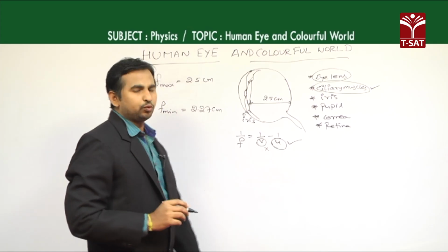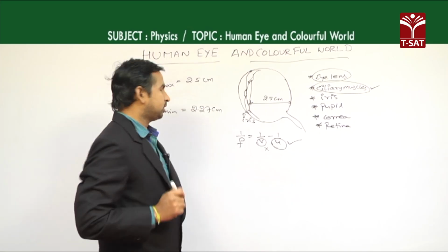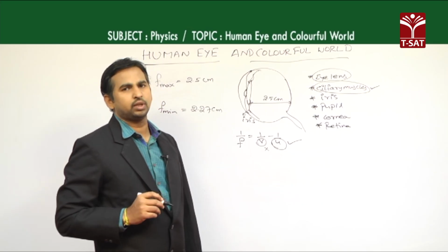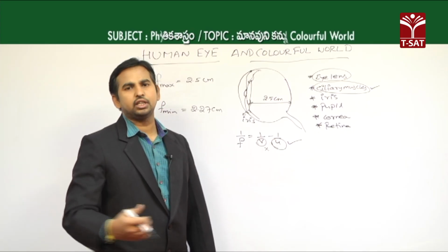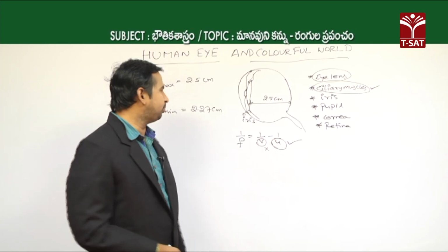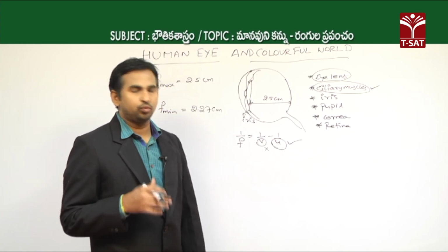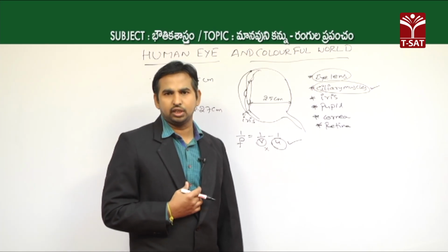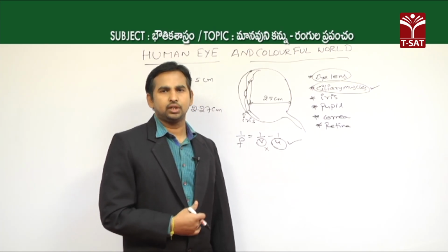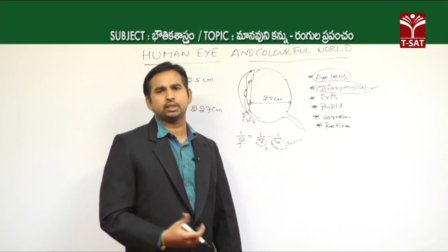Okay. For the maximum focal length, if you want to see objects at a very far distance, the ciliary muscles have to adjust the eye lens to a 2.5 centimeters focal length, whereas for any of the near distant objects, the focal length to be maintained is 2.27 centimeters. So which means that whenever you are taking far distant objects at very long distance, the ciliary muscles move backside, going to the relaxed position.